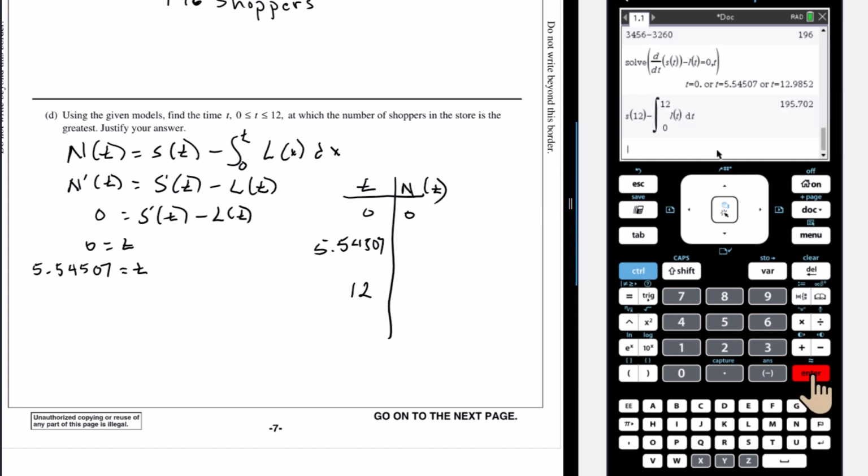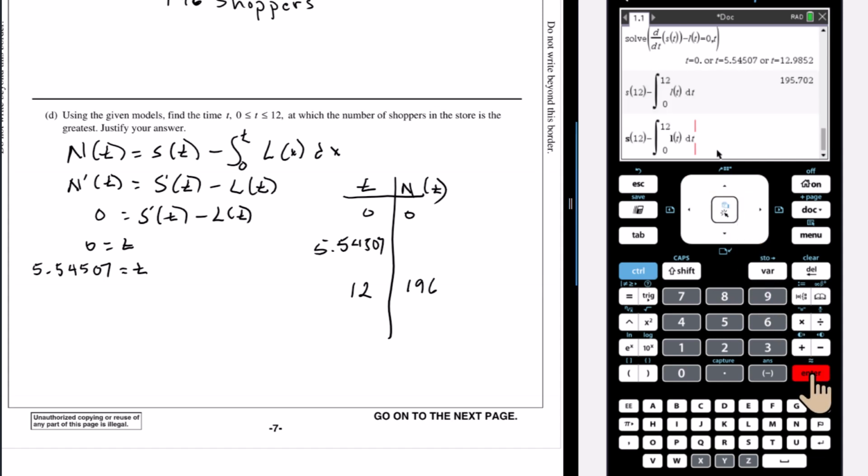And I get 196. Oh, we just did that one. Sorry, that was dumb. We just did that one up in the question. That was D we just did. Or not D, but 12. 196. And now I want to do the exact same thing with the 5.5.